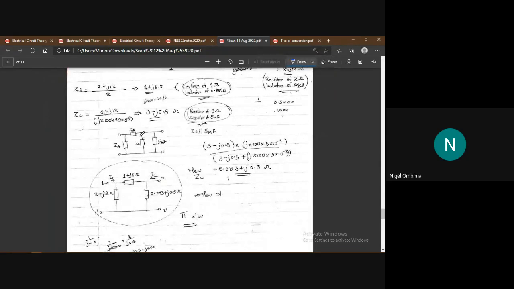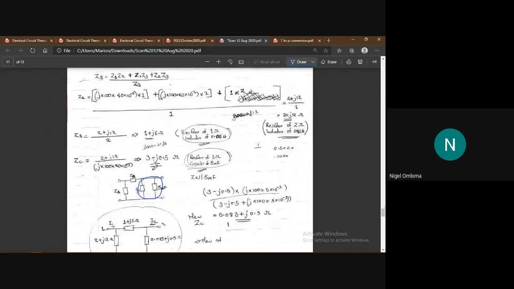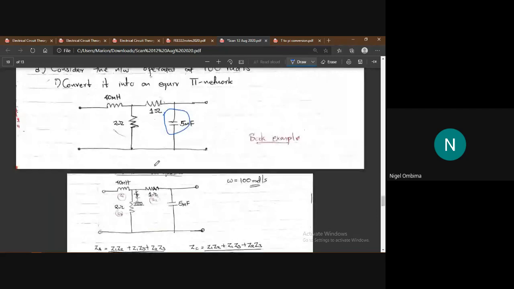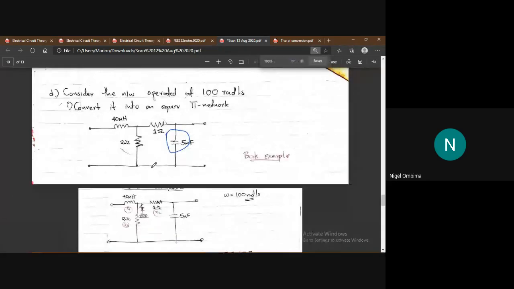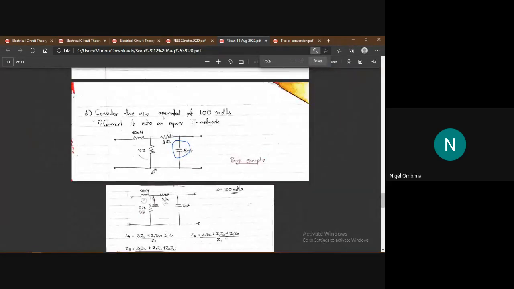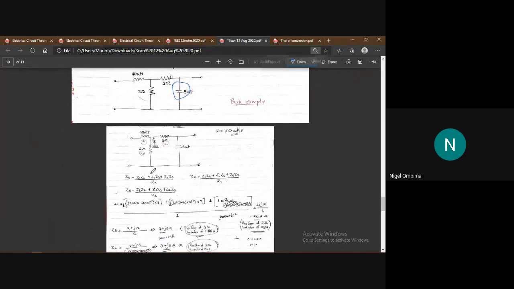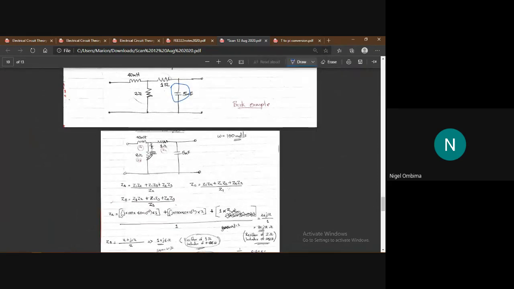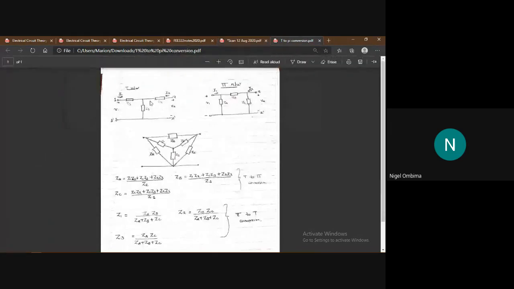So I then took a parallel of this and converted it into one element, which gives a pi network. So doing it, there are these formulas from the star delta conversion of T network to pi network and vice versa.